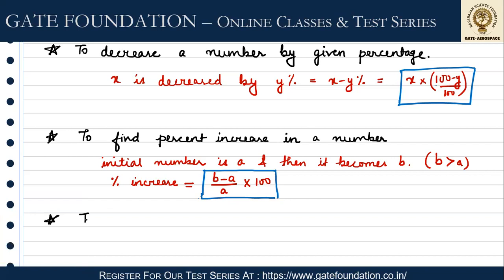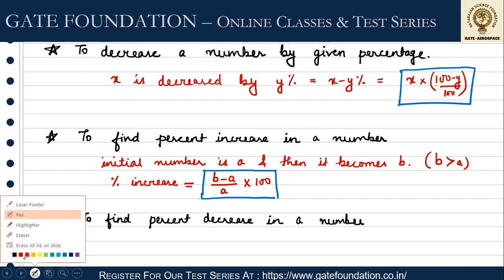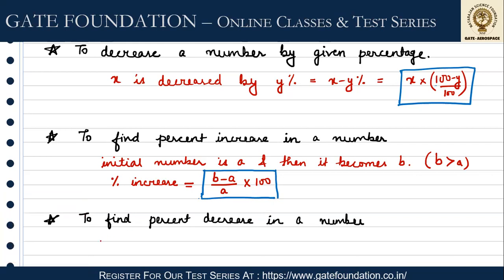Right. Similarly, you can also find out percent decrease in a number. So how much percentage is decreased, that you can simply find out as, let's say, the initial number was a and it became b.